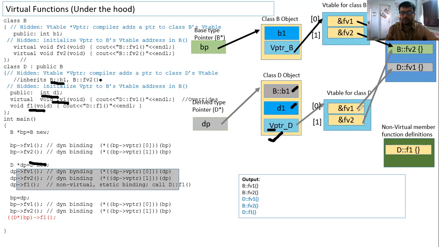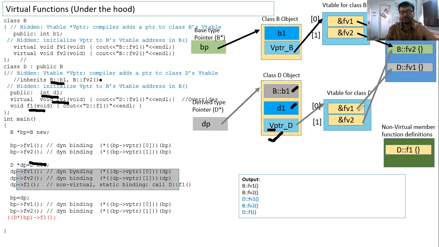Here the point to note is that fv1 it has overridden, so it has its own copy. So I'll have D's fv1 and B's fv1 all in the code segment. All these functions will be in the code segment, and you will have two copies of fv1, one written by the base class and one written by the derived class.